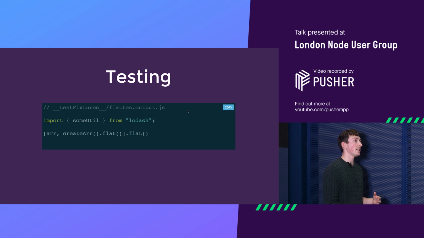When you run the test, JSCodeshift performs a transform on your input, compares it against this output, and errors if it doesn't match.